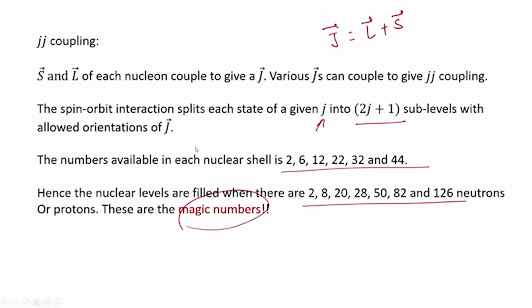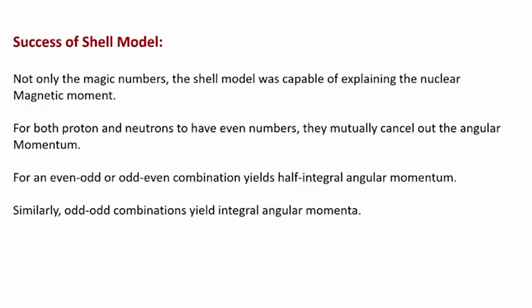So that's a triumph of the shell model, and the success is not only in explaining the magic numbers, it is also capable of explaining the nuclear magnetic moment. For protons and neutrons both even, the angular momentum will be integer, or they may cancel out, so these are 0 or integer values.